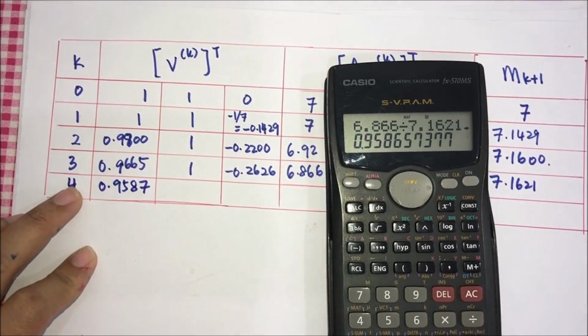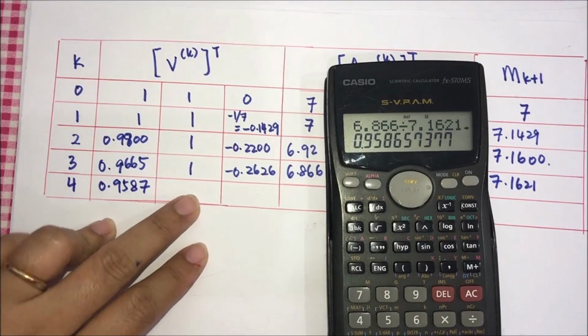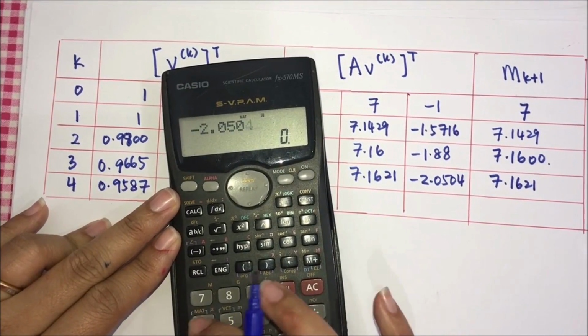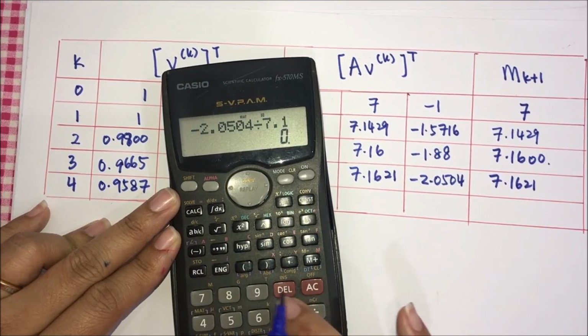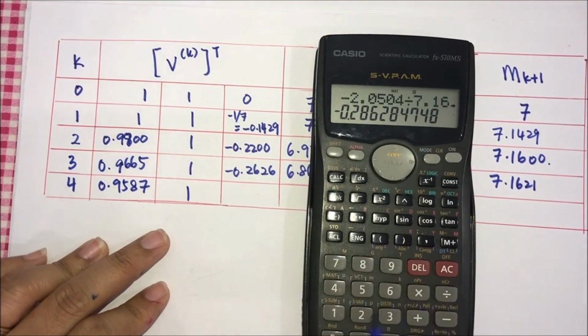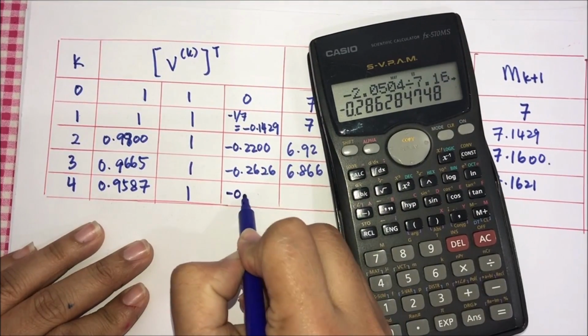This is the fourth iteration. This one is 1, and negative 2.0504 divided by 7.162 gives negative 0.2863.